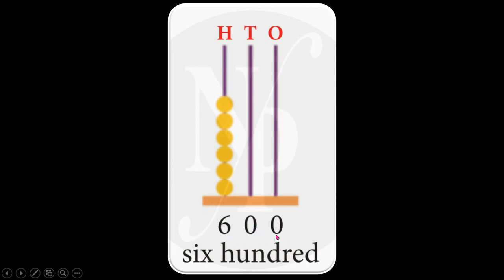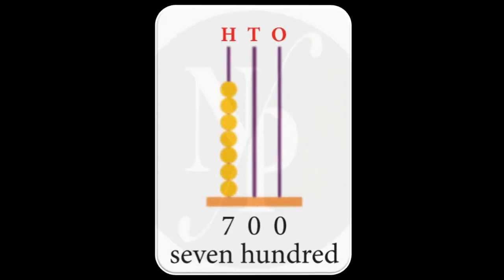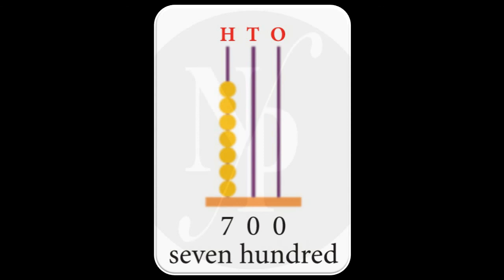Number name is written as shown here. Similarly, for 700, there will be 7 beads on hundreds place rod, 0 beads on tens place rod, and 0 beads on ones place rod.